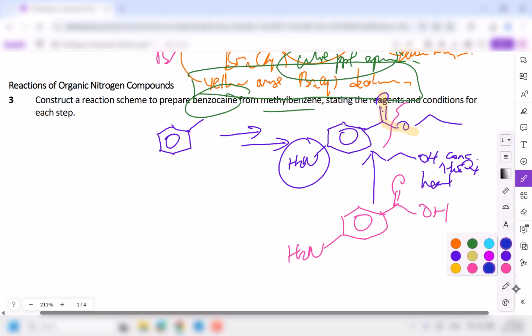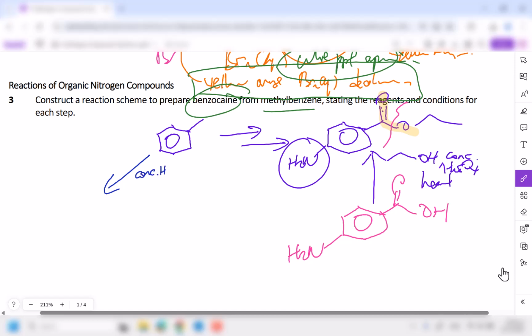When we begin synthesis, earlier on I mentioned that in order to get the NH2, we need to introduce a nitro group. In order to introduce a nitro group, we are looking at a reaction that we are familiar with. We're going to use concentrated sulfuric acid and concentrated nitric acid.